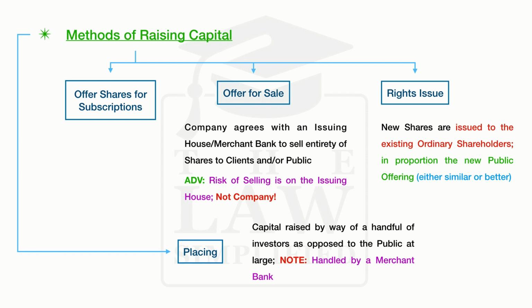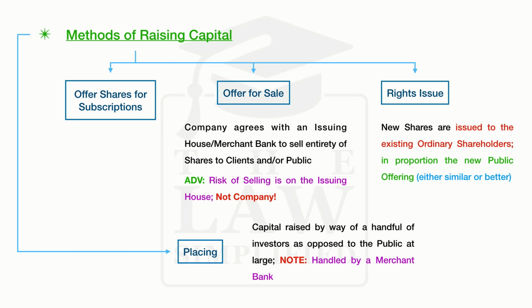In this context, a public limited company will engage an issuing house or a merchant bank and provide said bank or issuing house with the entirety of their shares to be sold to specific clients within that particular issuing house or bank, or the public at large. Many public limited companies might opt for this because the advantage is that the risk of selling such shares is borne entirely by the issuing house, and it indemnifies the company for the most part.